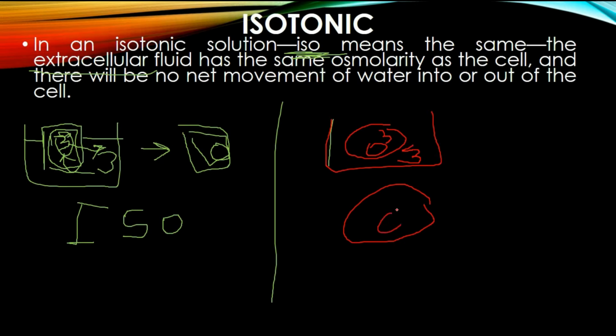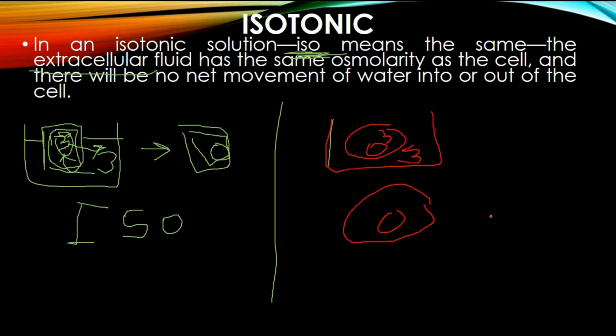Now, in other words, how would your cell look? How would you describe your cell in an isotonic situation? The cell will not be flaccid, but it will look slightly bloated as well, normal. It will not shrink because it's not losing, but it's not gaining so much to be so bloated.